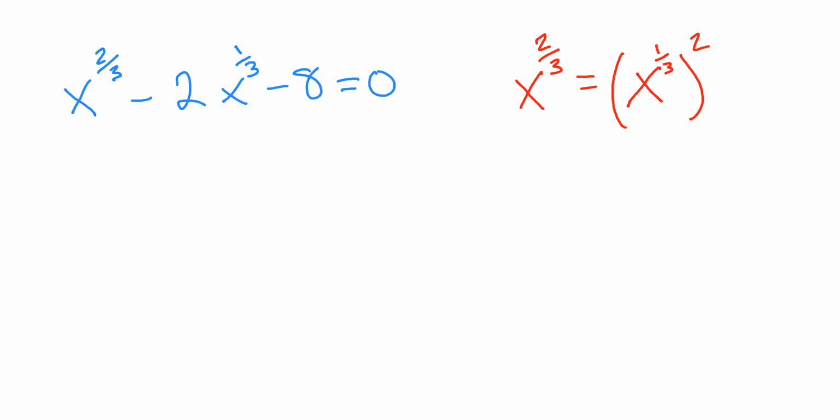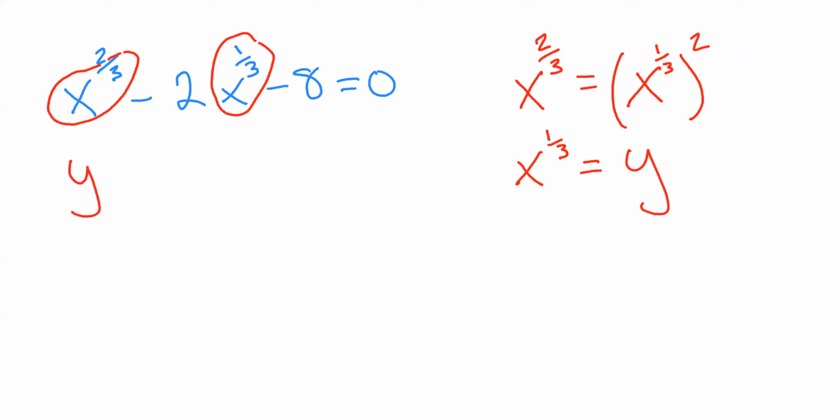Okay, so we can substitute out x to the 1/3 with another single variable, and that will make this equation look like a quadratic. So we will have our x to the 1/3 equal y.